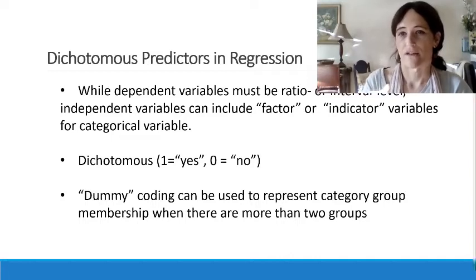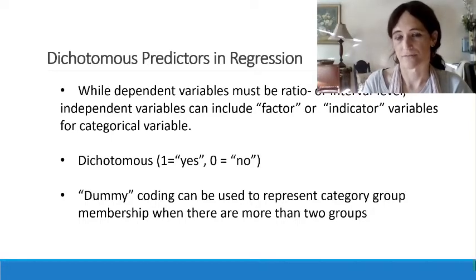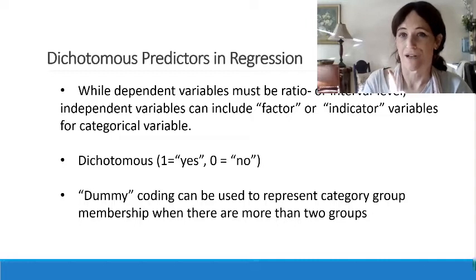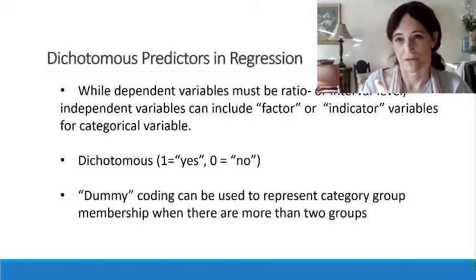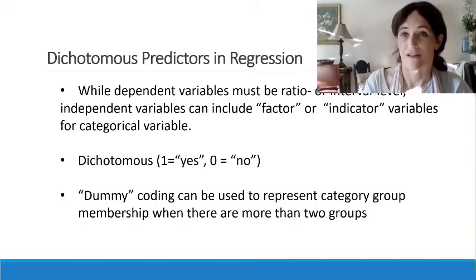And so if you think about a regression equation, we have our coefficient and we have our value for x. In the case of a dichotomous variable, let's say it takes on the values 1 and 0. Well, if x equals 0, we multiply that by a coefficient, it's going to be 0. So that'll just wash it out. If the value is 1, which is the only other possible value for this dichotomous measure, it would simply be the coefficient in that model.